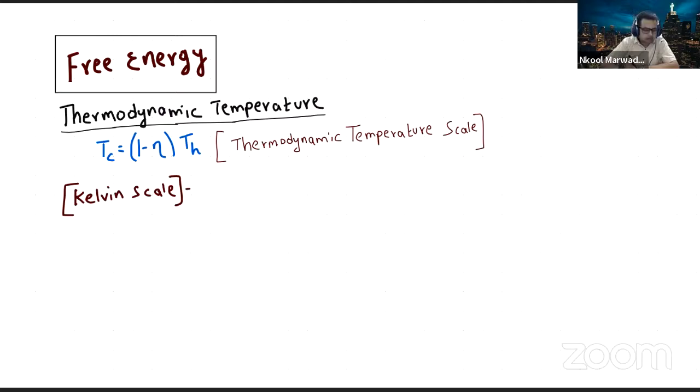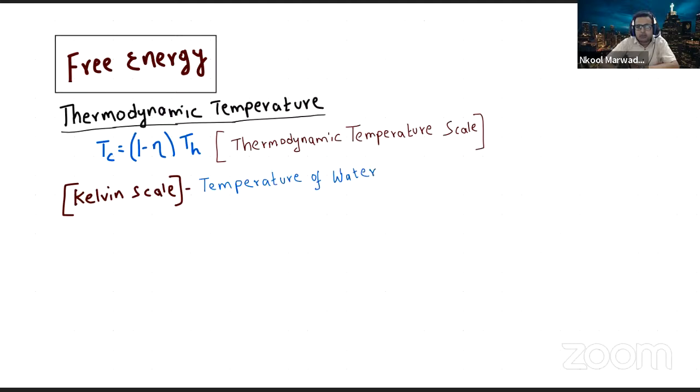So the idea is that the temperature of water at its triple point.